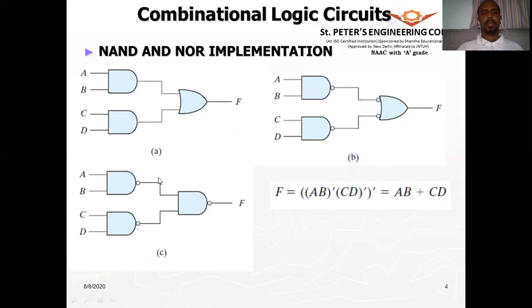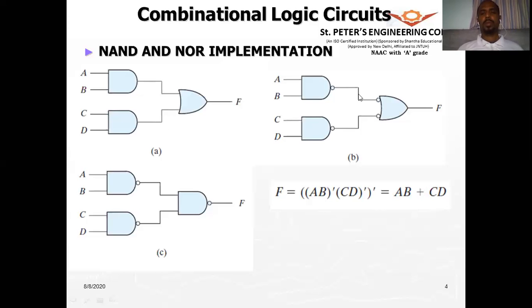Next, if we give this to a NAND gate, we are just showing 3 different circuits which are all equivalent. Here the output will be A and B whole complement, and C and D whole complement will be the output of this NAND gate here. Now when you complement again here, both complements cancel.